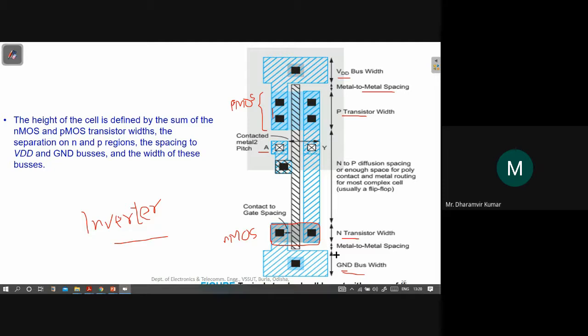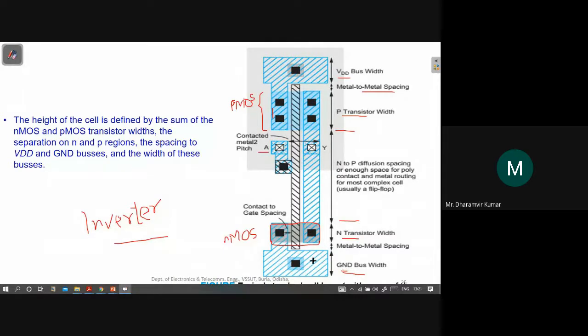And this is the N to P diffusion spacing, the spacing between PMOS and NMOS. When we add all of these parameters, we get the complete height of this particular inverter cell.